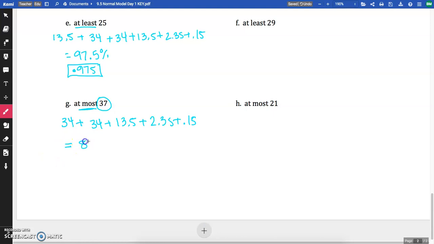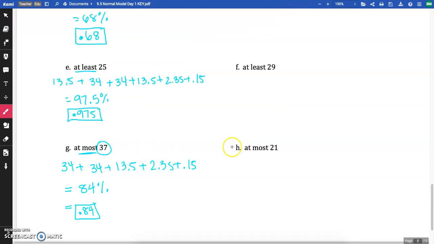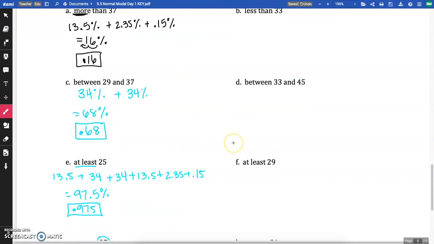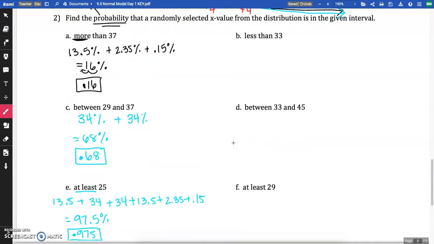When I add those up, I get 84%. As a decimal, it's 0.84. Okay? So what I want you to do is to try the 4 problems on the right side on your own, and then you'll be able to pause the video and check.